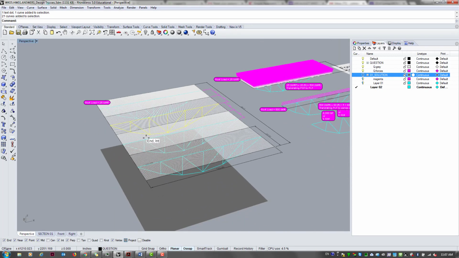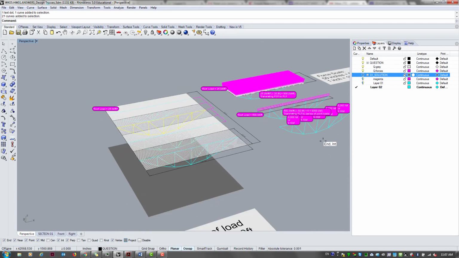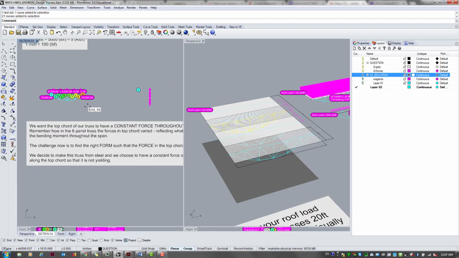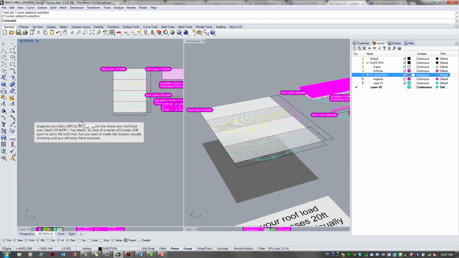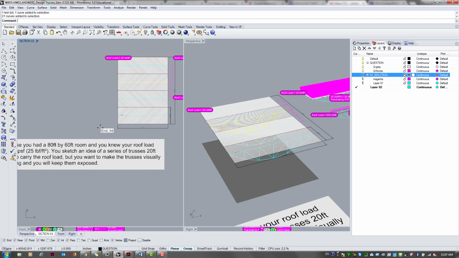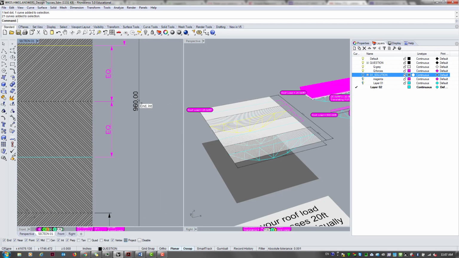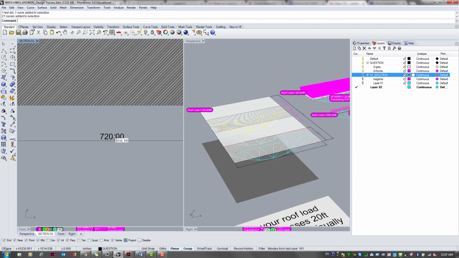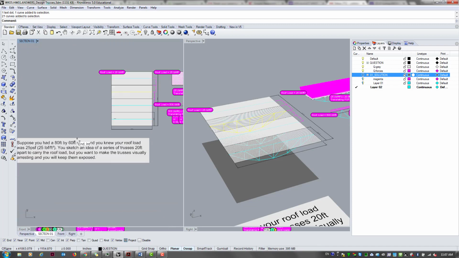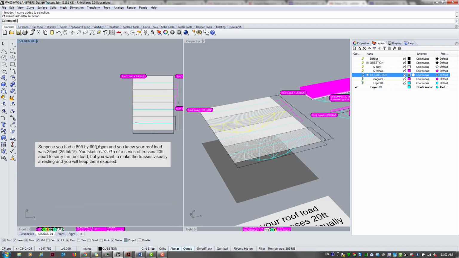So how to translate the floor load to point load, which isn't the meat of this discussion, but I guess just a refresher, right? So the problem is at the very left. Suppose you had a 80 feet, 960 inches by 60 feet roof or room, and your roof load was 25 pounds square feet.